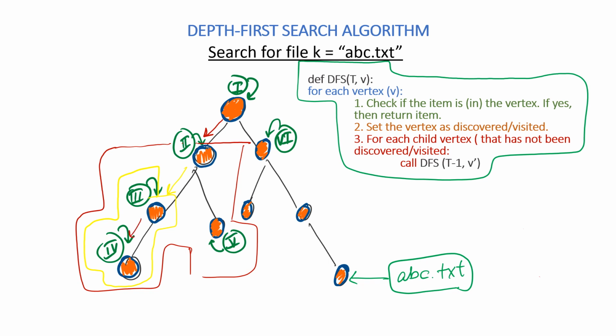I go down to 4. At this point, at vertex 4, I have my stopping case. I'm just going to mark this in purple. No children.